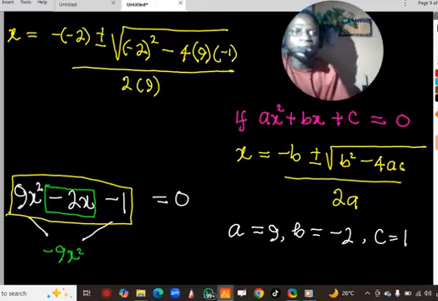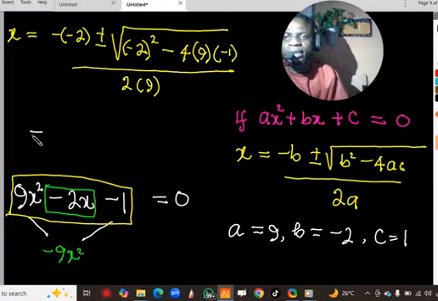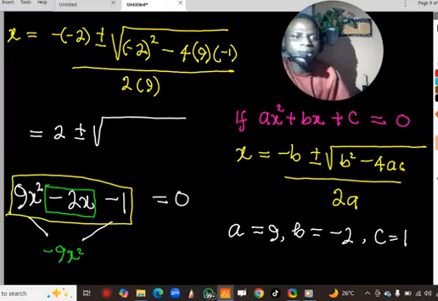Next, we simplify. So our x remains negative 1 times negative 2. There's an invisible one here, so this will give us positive 2 plus or minus.